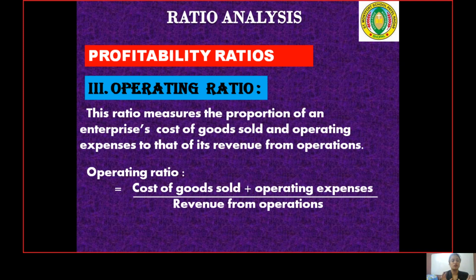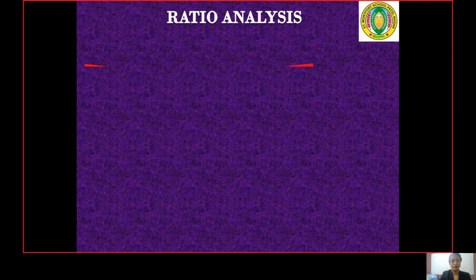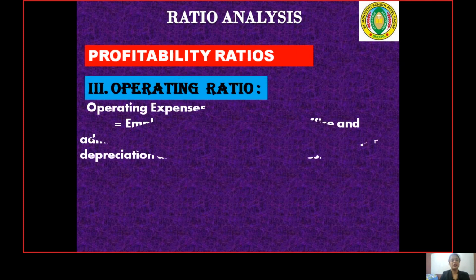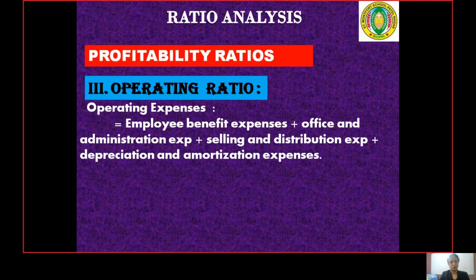If we add more cost or operating expenses, that means we will have less selling price or less profit margin. Okay, so that's what we can easily derive from this particular ratio. Therefore let us discuss further what the operating expenses are here.